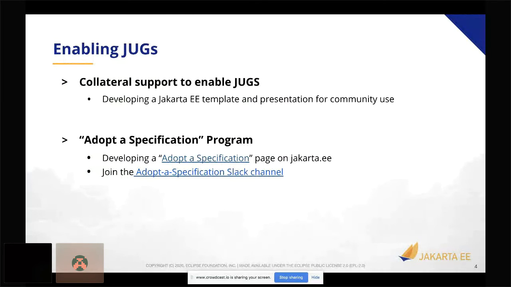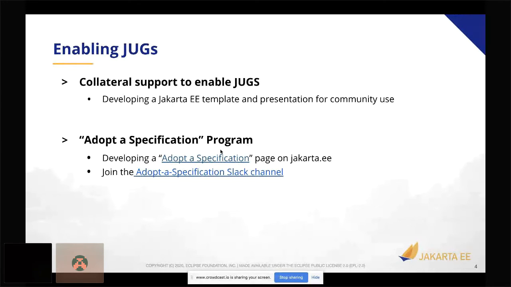To provide marketing support, we are preparing a Jakarta EE template and presentation that community members can use for presentation at JUG meetups. Once that's ready, we will make it publicly available for community use, and hopefully that'll help the community get the word out about Jakarta EE and provide the latest updates to the JUGs out there.